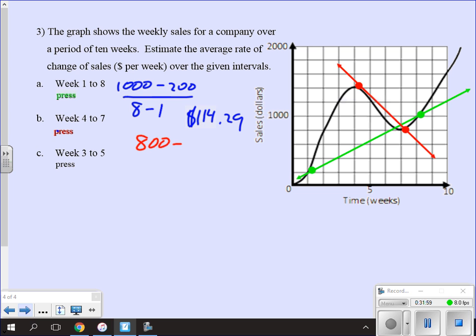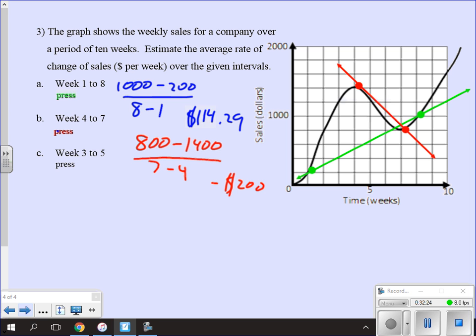In week 4, I'm at $1,400. And that's from 7 to 4. And you figure that out. And during that time, they lost $200 per week. Not real good.